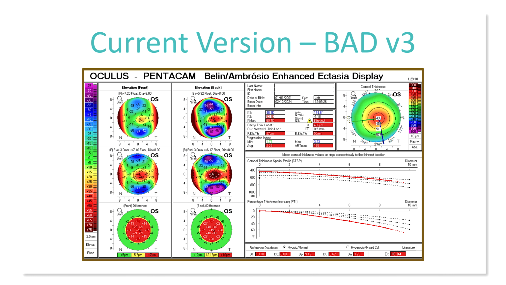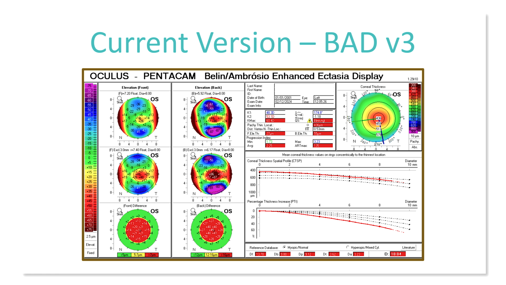So this is the current version of BAD 3, and I'll try to go over it with you without a pointer. But again, the first column on your left is anterior elevation. The upper one is the standard anterior elevation against a best fit sphere taken from an 8mm optical zone.